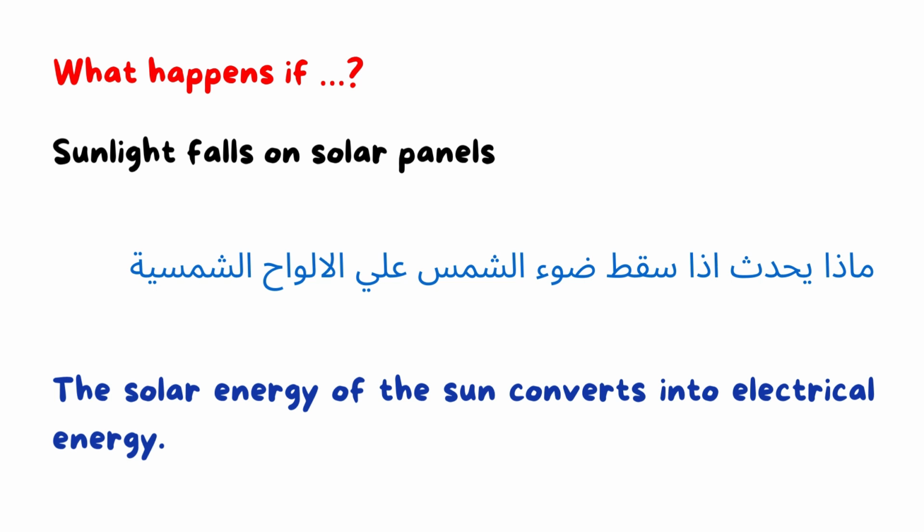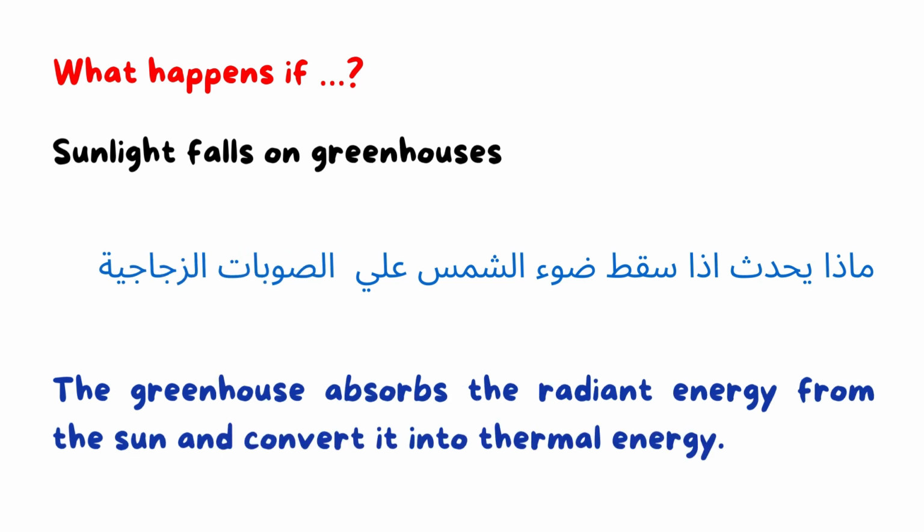Okay, we have here another question. What happens if sunlight falls on greenhouses? Okay, we talked about the greenhouses. So the greenhouses absorb the radiant energy from the sun and convert it into thermal energy.